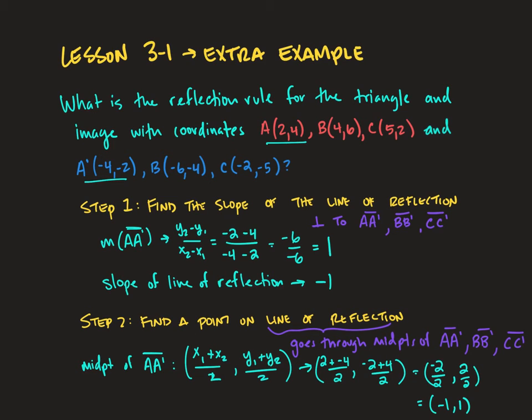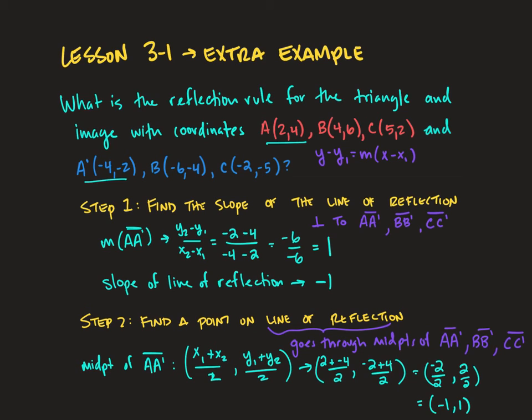So if I'm going to write my equation, I'm going to go ahead and write it in point slope form. So I'm going to say y minus y1 equals m times x minus x1. These x1, y1 are going to be any point on my line, so I'll use this one. M is going to be my slope.